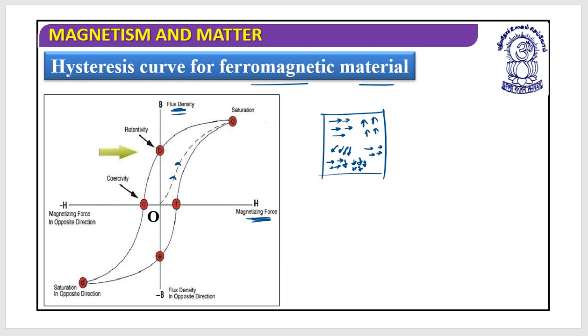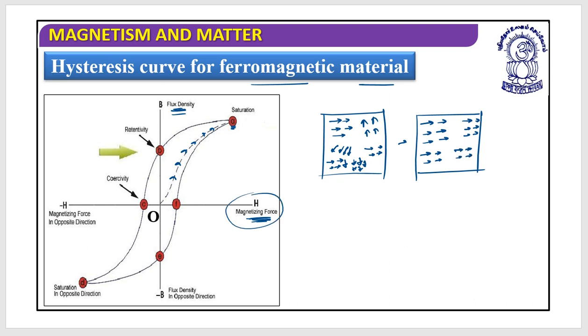So I am going to increase the magnetizing force, and as it increases, the flux density increases, and we have reached here. Now it is the situation where all or most of the domains have aligned themselves in a single direction, something like this. I hope this is clear.